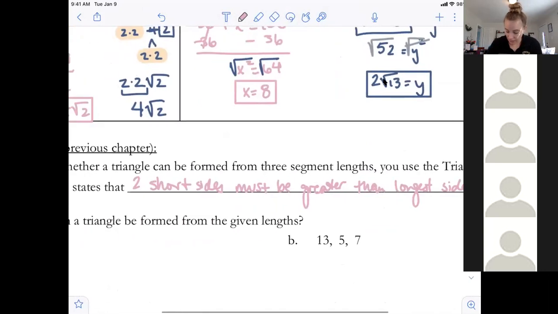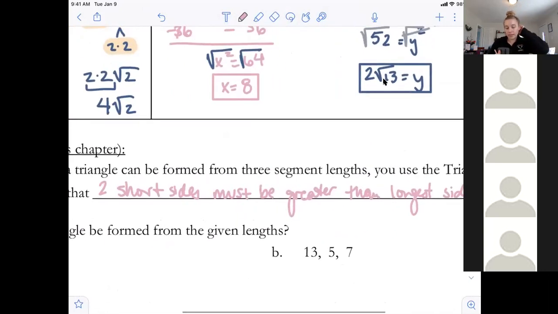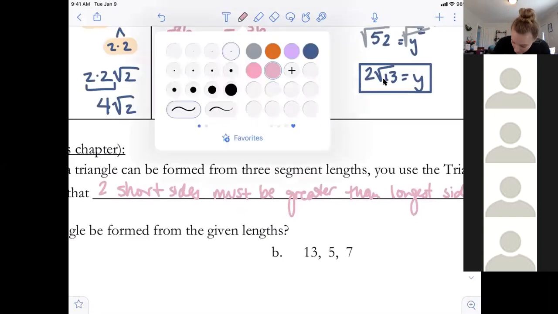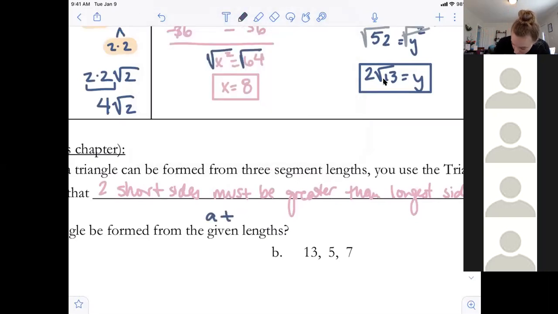So essentially, if I give you 3 numbers, we want to take the 2 smaller numbers and see if they sum, or together they add, to be more than the longest side. Essentially, we're doing A plus B and seeing if that's bigger than C. And if that's true, then we have a triangle. If that is not true, then we don't have a triangle.